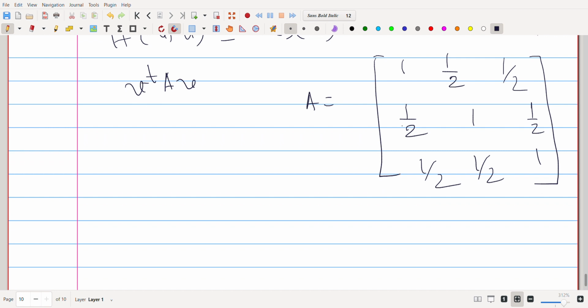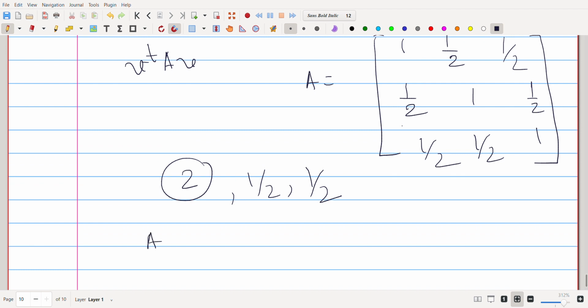Now if you check the eigenvalues, what are the eigenvalues? First of all, row sum is 2, so 2 is an eigenvalue, and the other 2 eigenvalues, half and half, you can just compute.